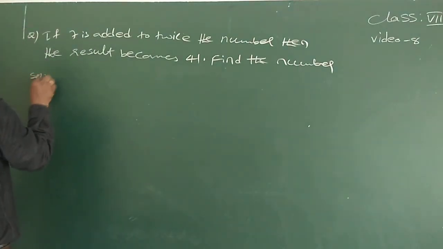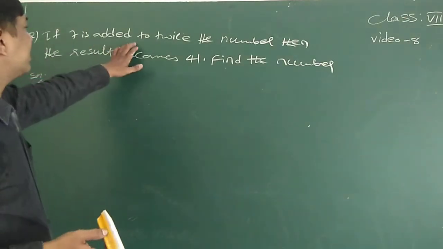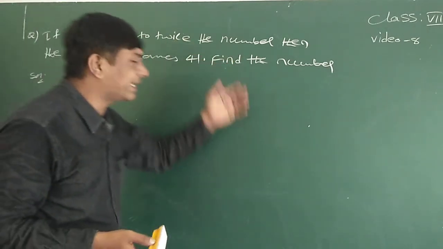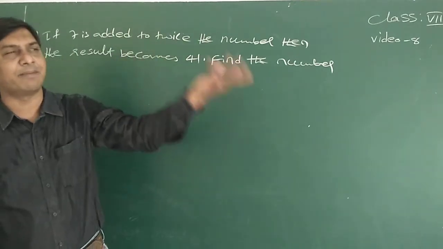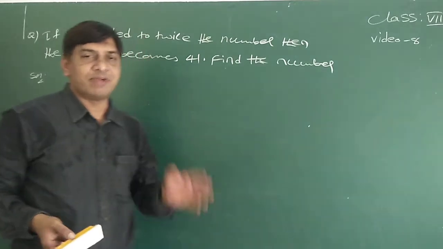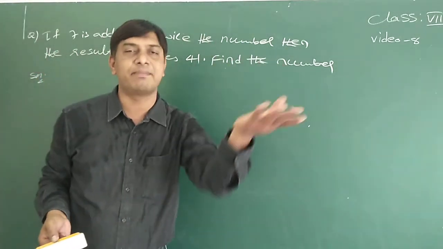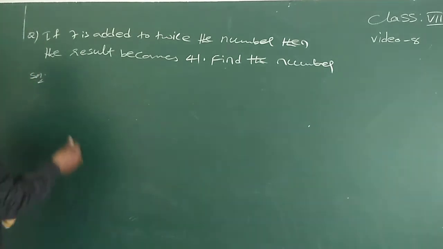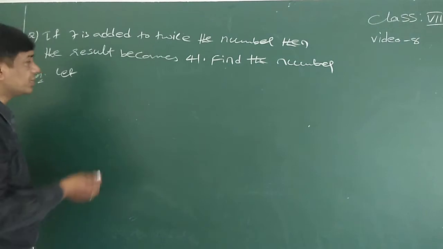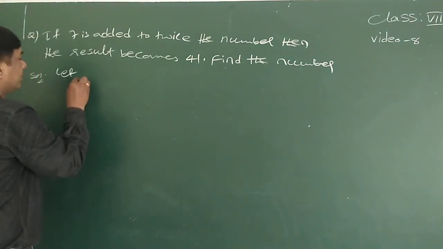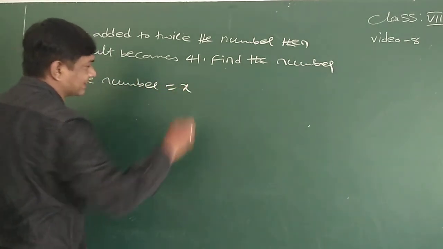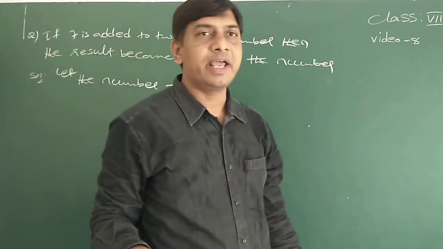Now see here, 7 is added to twice the number, then the result becomes 41. First of all, I don't know the number, and twice the number also I don't know. We have to add 7 to twice the number. So let the number be equal to x.